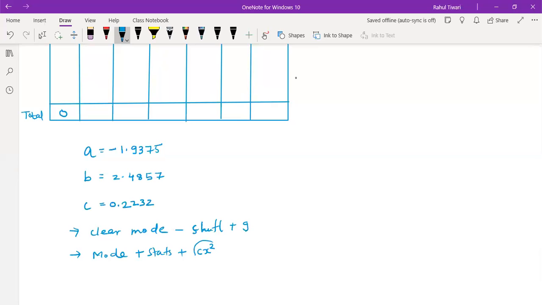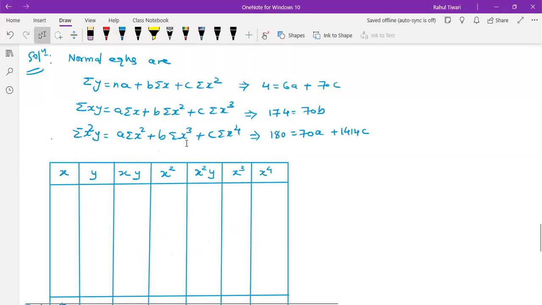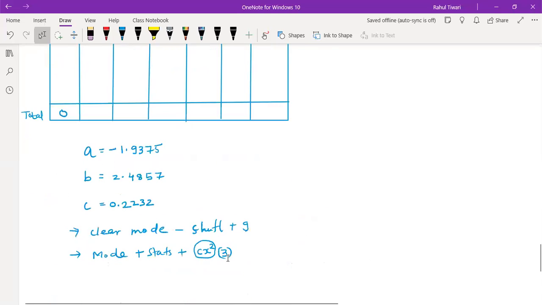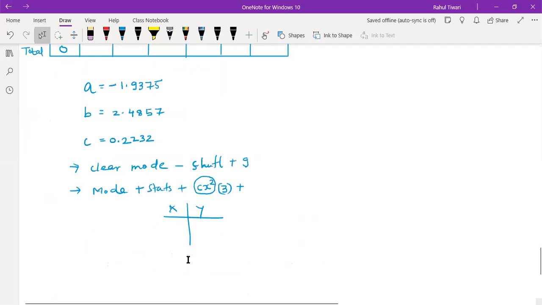So basically, this third option we have to click for quadratic, because we are solving an equation of this form. Once you press 3, you get the XY type column. You need to feed the data.